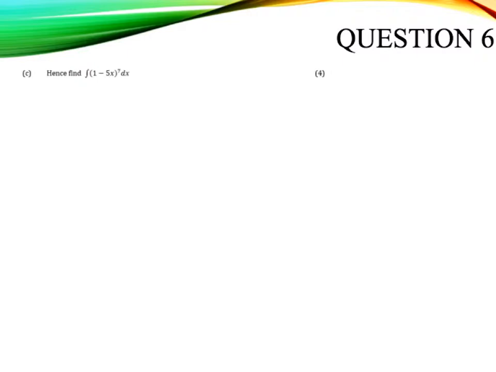Remembering from our previous part that what we had was 1 plus, so in fact what we're going to get is the integral of 1 plus 7ax plus 21a squared x squared plus 35a cubed x cubed.